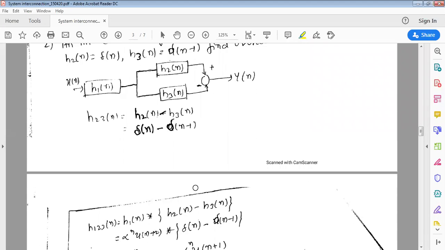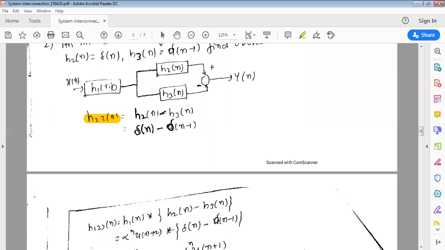Next step, h1 and h23 are in series. Therefore, h123 of n is equal to h1 of n convolved with h23 of n.